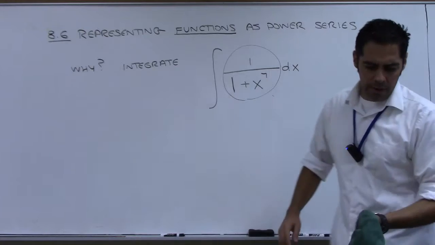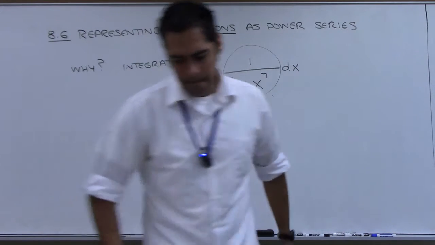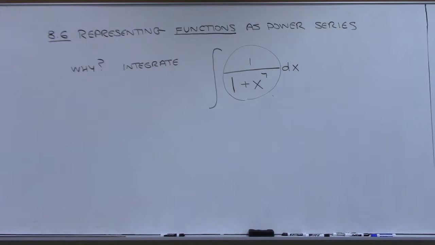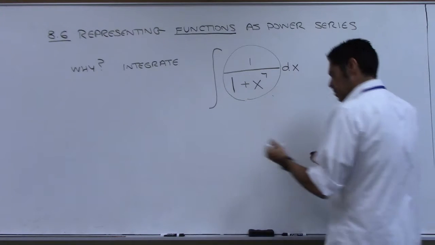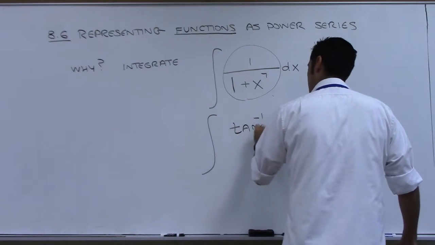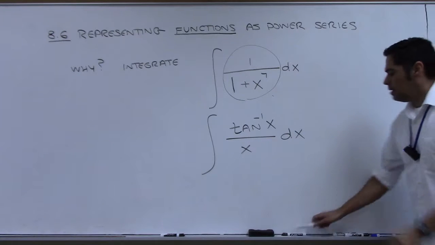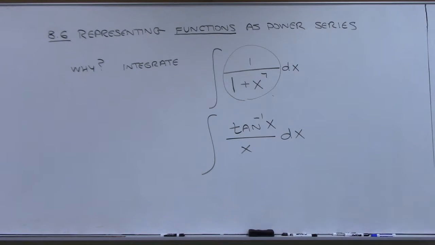There was another one I wanted to show you. I'll put it up on the board for my internet students. Arctangent of x over x dx. If you were asked to integrate that, let's ask Wolfram Alpha to do that.